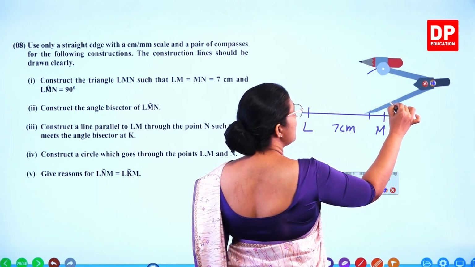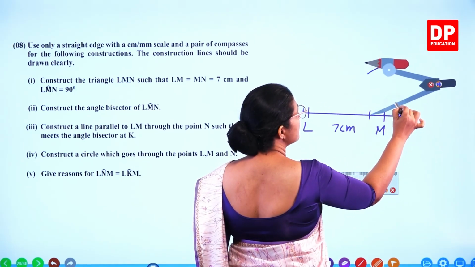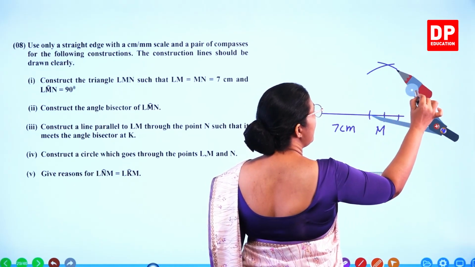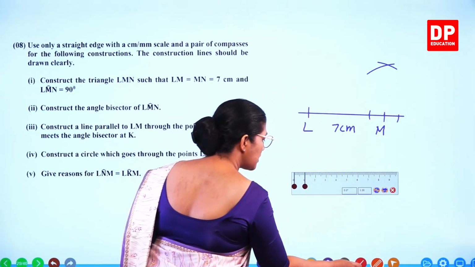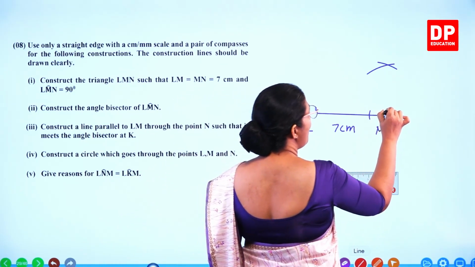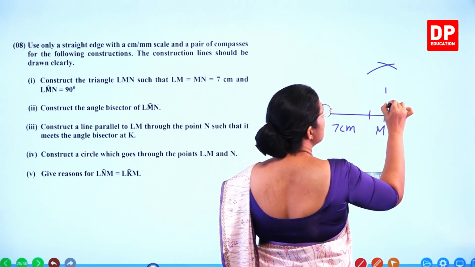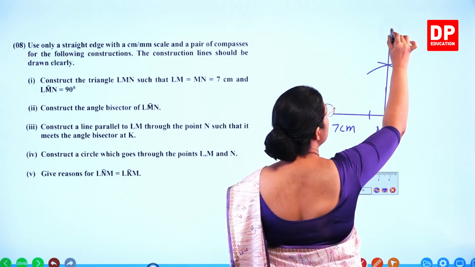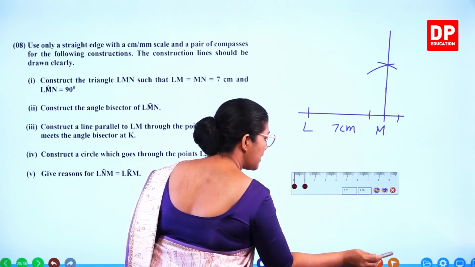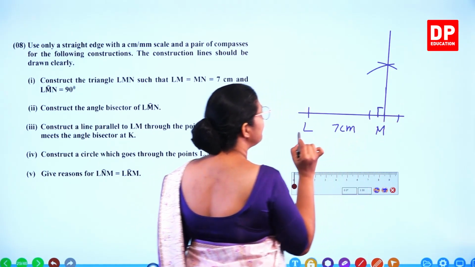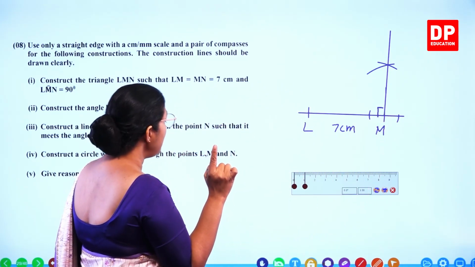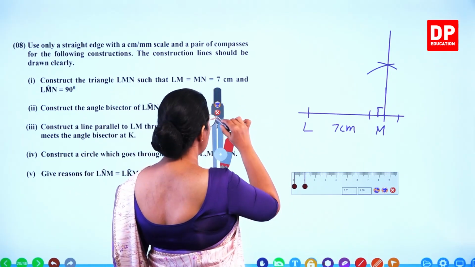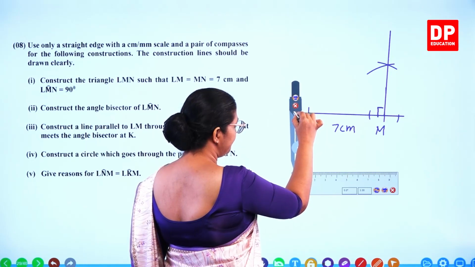Do the same thing for the other point. Now connect point M with the intersecting point here. That's the perpendicular line, that's 90 degrees. Now we know MN is also 7, so take the compass again and measure a 7 centimeter length.